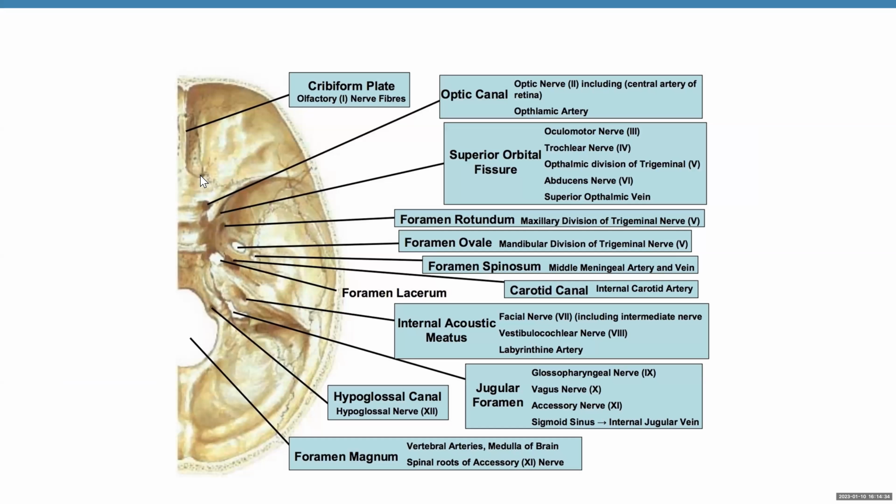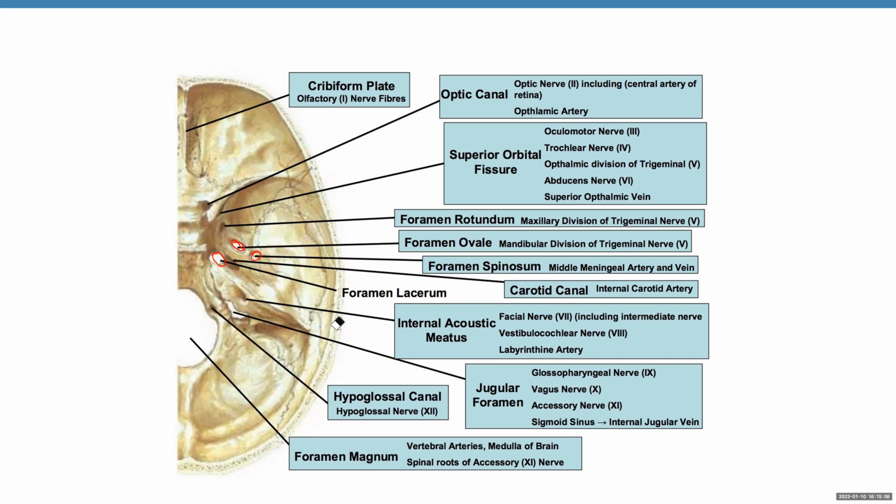If you look at the cranium, you will see lots of openings right over here. And these are called foramina. So we have different foramina within the skull, and their purpose is to allow passage of nerves and blood vessels.